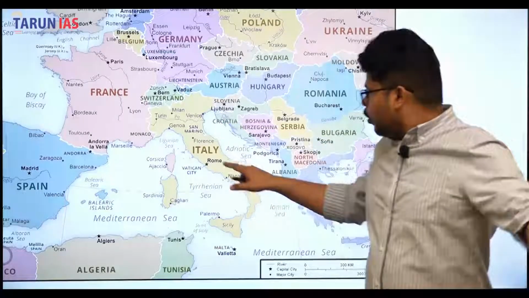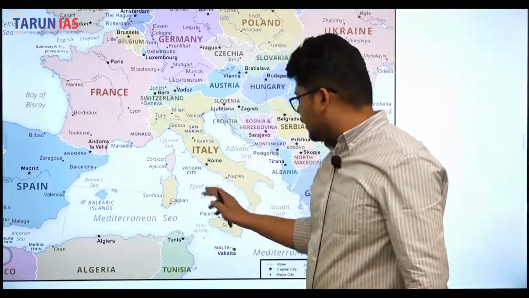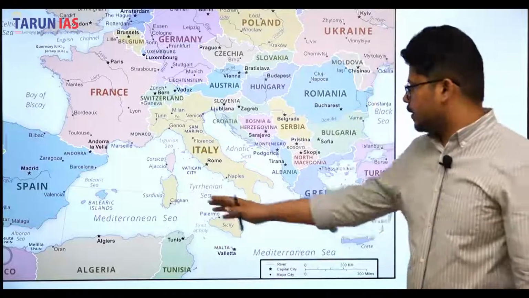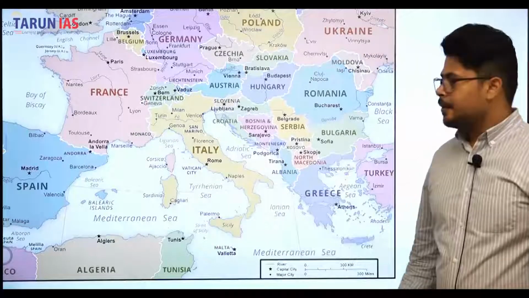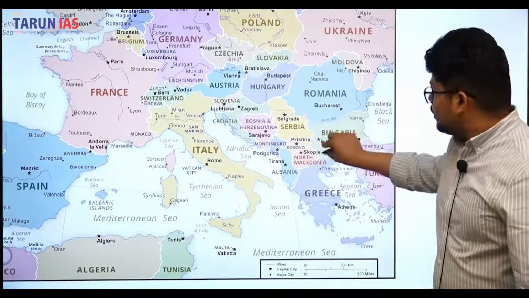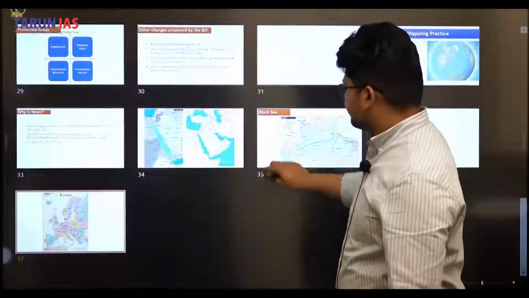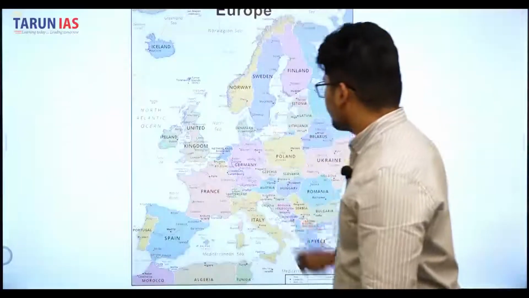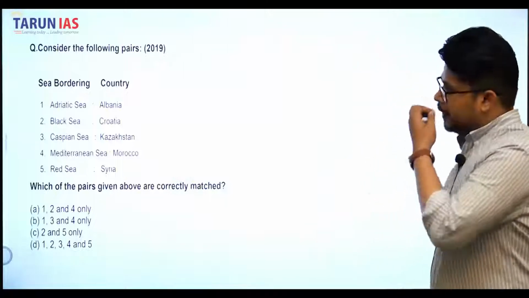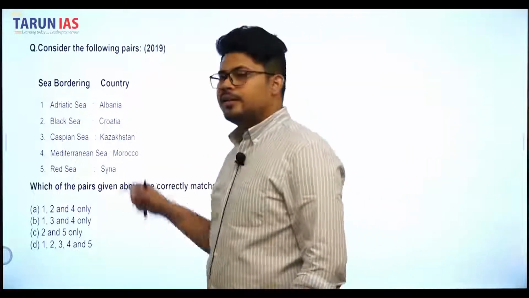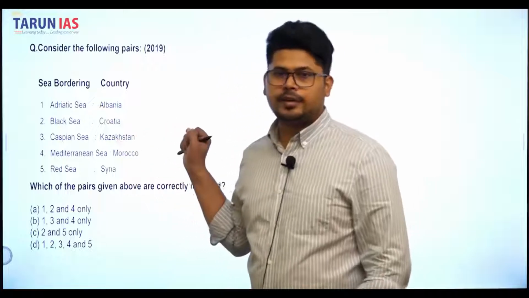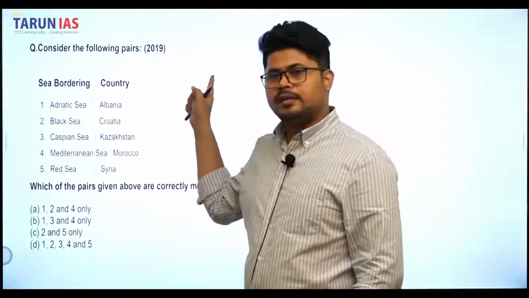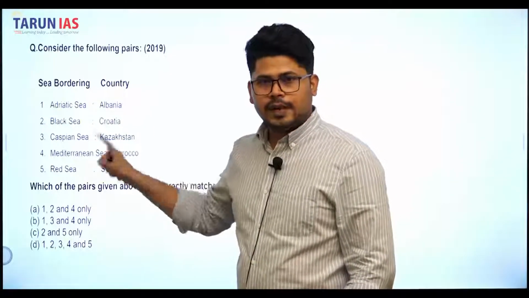Now Italy has one sea, the Tyrrhenian Sea. Basically Italy is between the Mediterranean, Tyrrhenian Sea and Adriatic Sea. Let's get back to the question. Adriatic Sea, Albania, Black Sea, Croatia. Now you can figure out that Croatia is not on Black Sea, it is on Adriatic Sea.